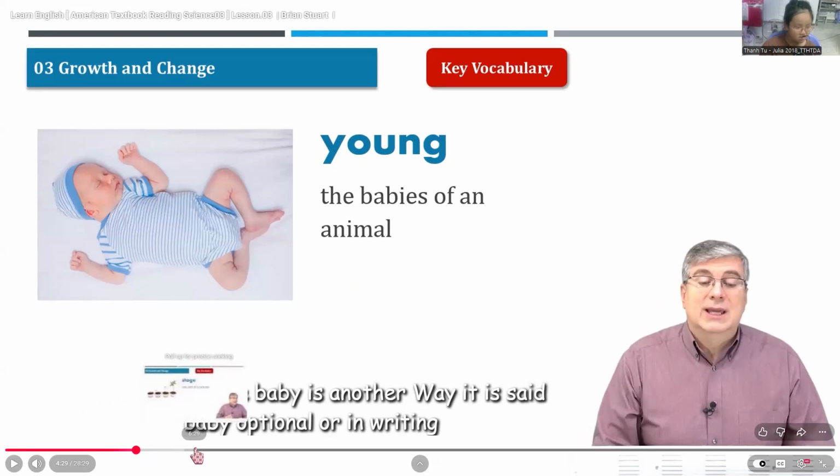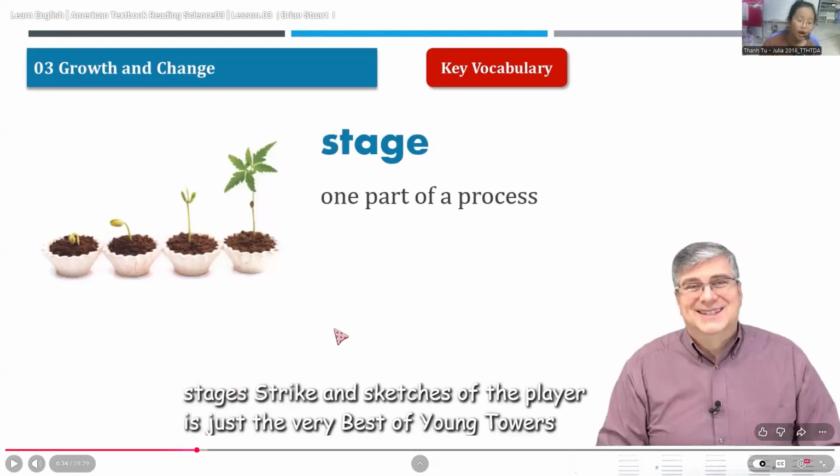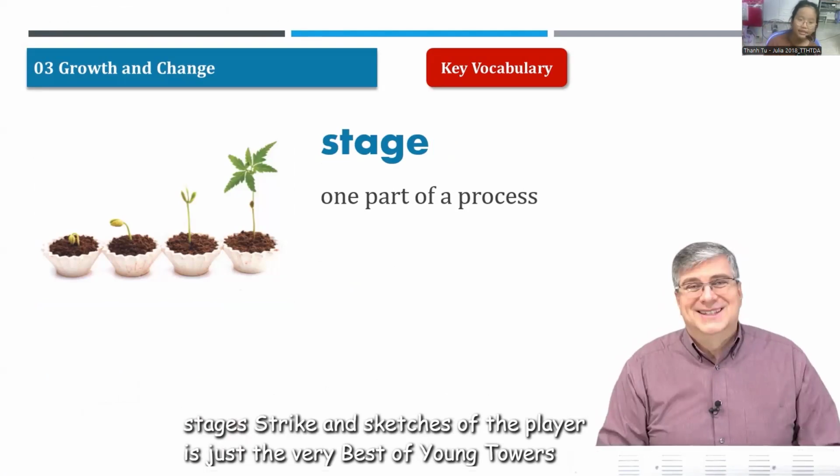Next one, stage. Stage means a part of a process. So in a human life cycle, we have some stages like infant or baby, toddler, child, teen or teenager, and adult. Like that, we have 5 stages.